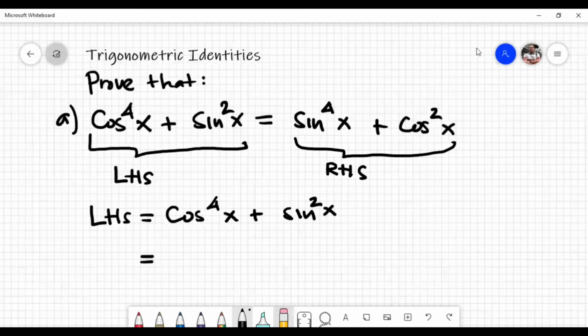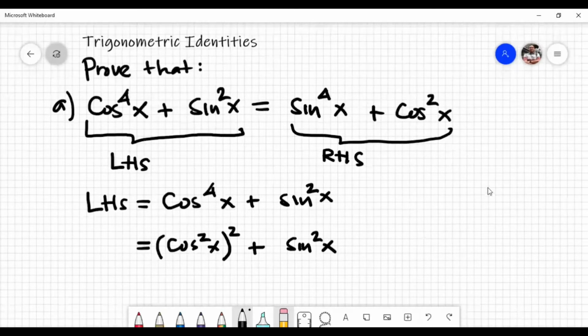So I would like to make it like this, bracket. Inside I have cosine square x, and outside of the bracket we have square. Is it the same thing mathematically? Yes, of course, this is the same. Plus sine square x.